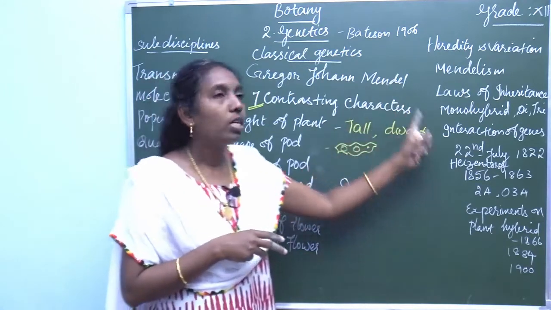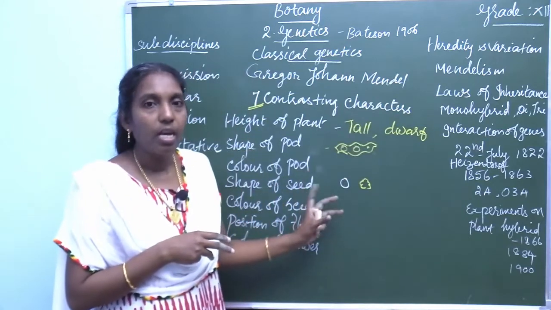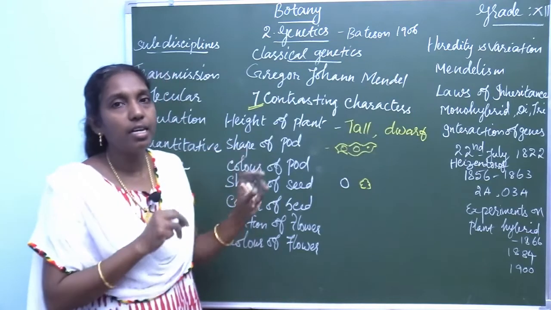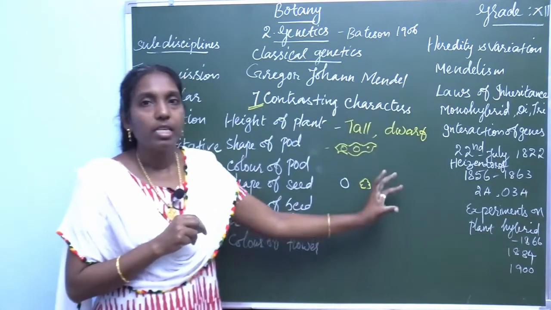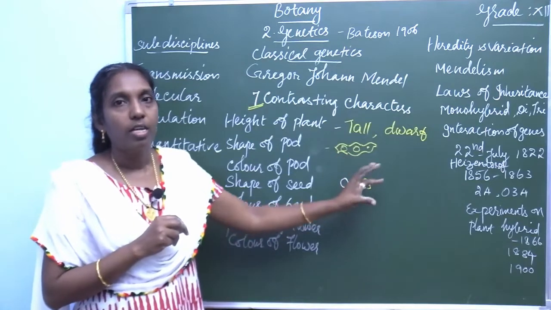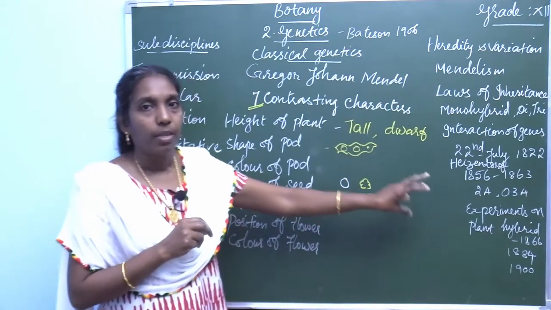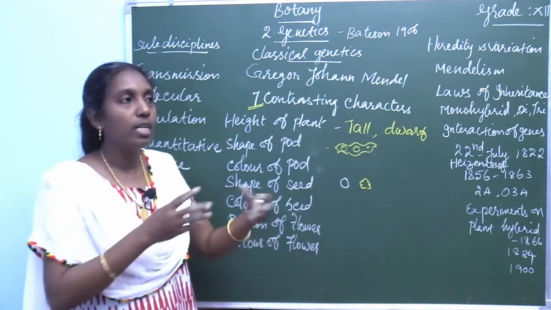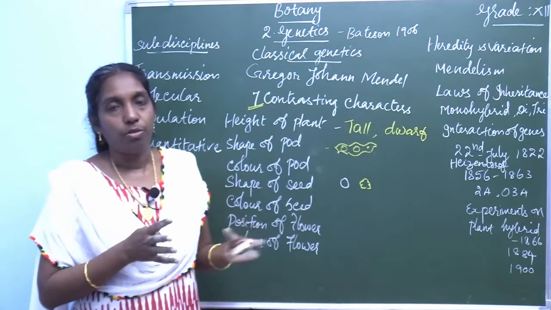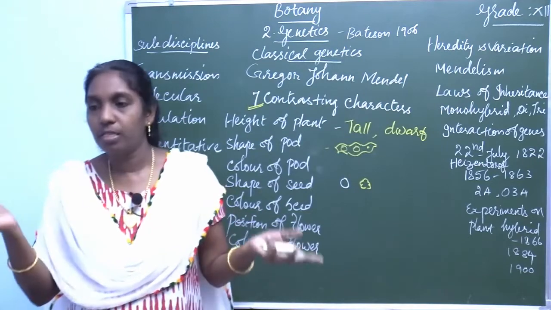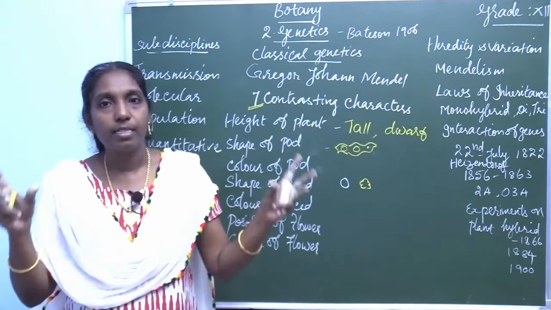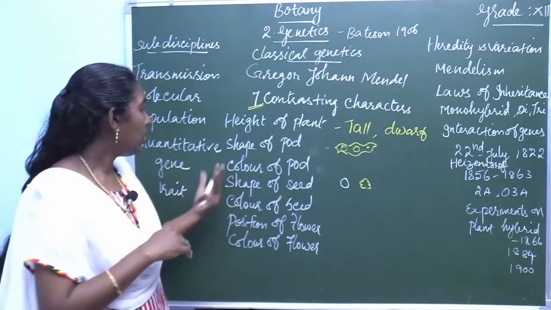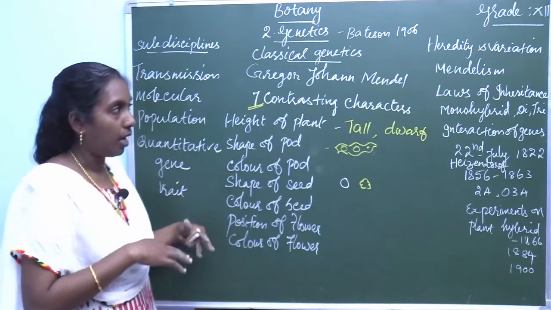The contrasting characters he selected were quite accurate, and he gave an accurate and detailed study; his experimental records were very accurate. The phenotypic ratio is the observable ratio: in the field, when you are observing, certain characters appear externally. Genotypic characters are those which are hidden inside.